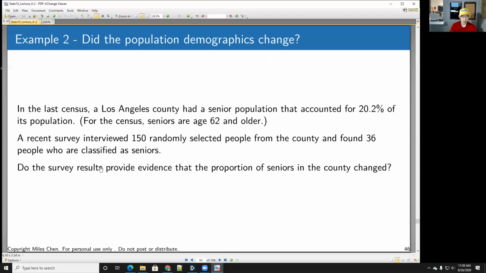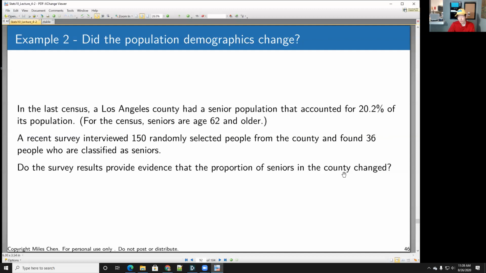The way the question is written is, do the survey results provide evidence that the proportion of seniors in the county changed? Here, changed is not indicative of asking whether we now have more seniors than 10 years ago, or fewer seniors today than 10 years ago.